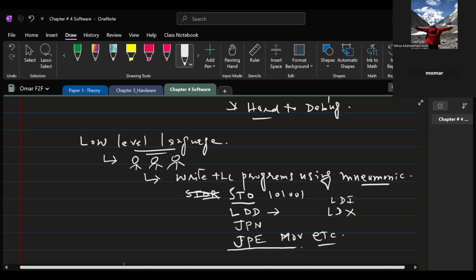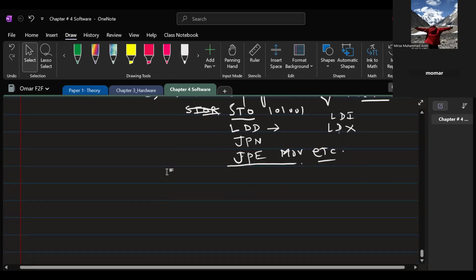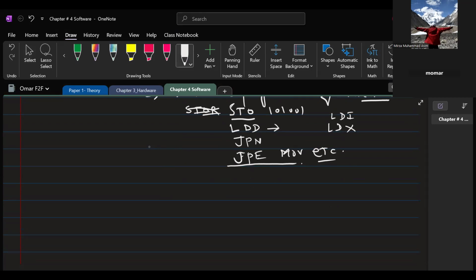So writing these commands in assembly language, definitely they were supposed to be converted or translated into machine code eventually, because a computer only understands machine language, which is binary. More clear? Okay, very interestingly, these languages were written for a specific processor.